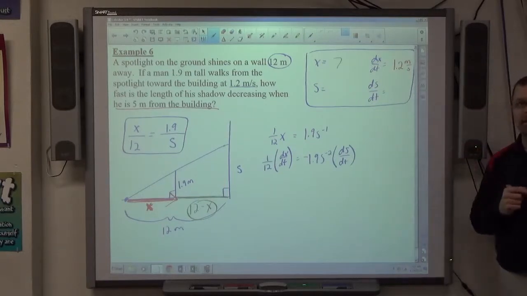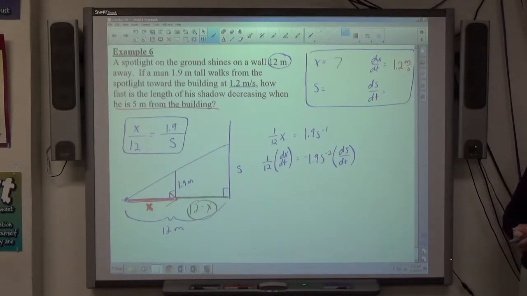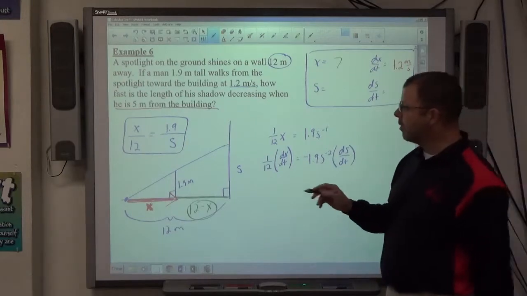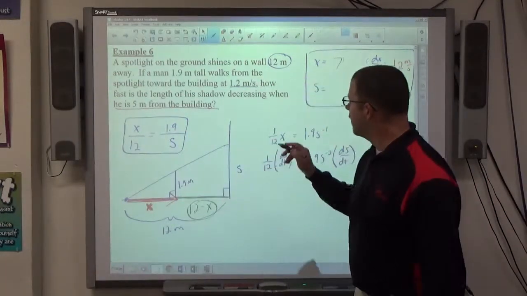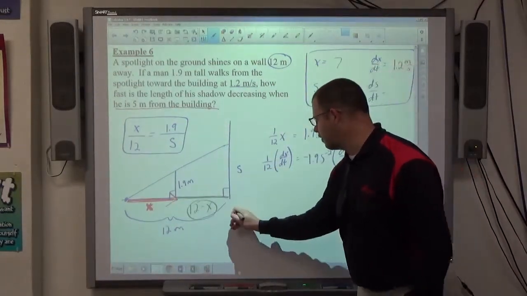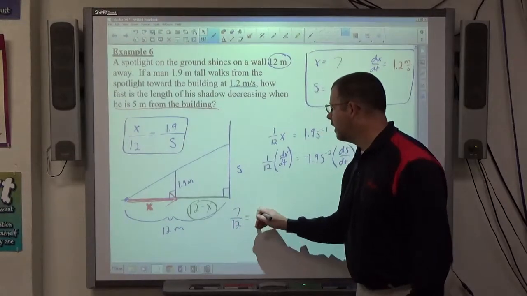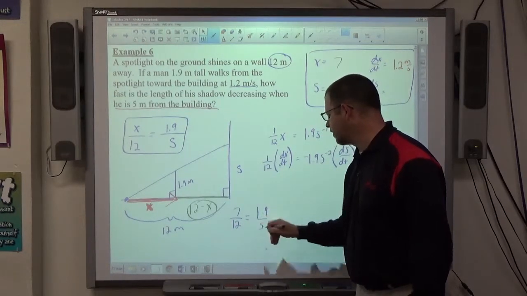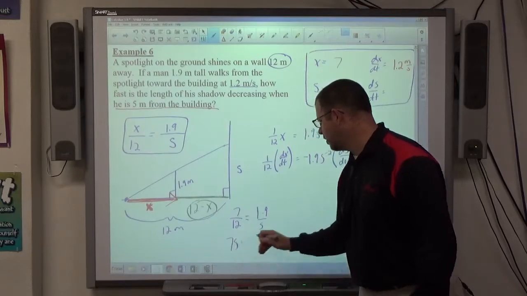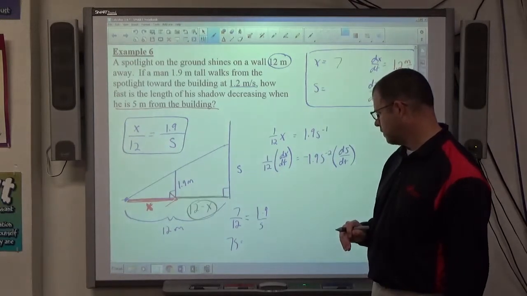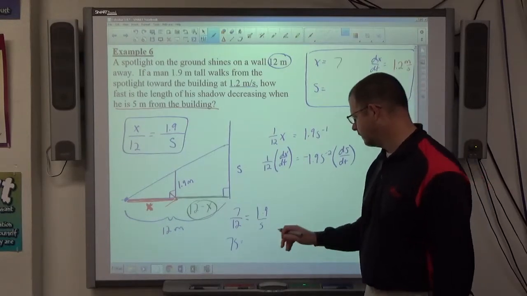And notice that s did stick around, so actually finding the value of s is necessary. So to do that, I would just change this x to a 7. If I take that proportion and put 7 over 12 equals 1.9 over s, that gives me 7s is equal to 12 times 1.9, which is 22.8 maybe?